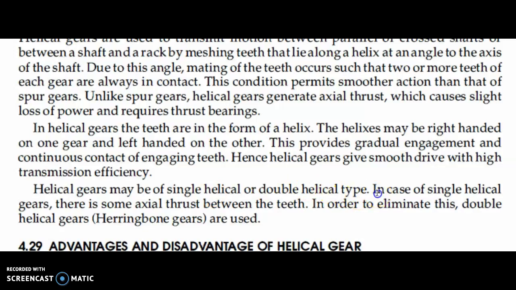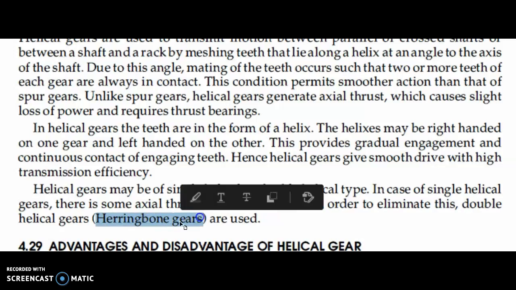They explain the advantage of single helical gears and the advantage of double helical gears. In the case of a single helical gear, there is some axial thrust between the teeth. In order to eliminate this, we can use double helical gears, generally known as herringbone gears, which I will show in the problem section.